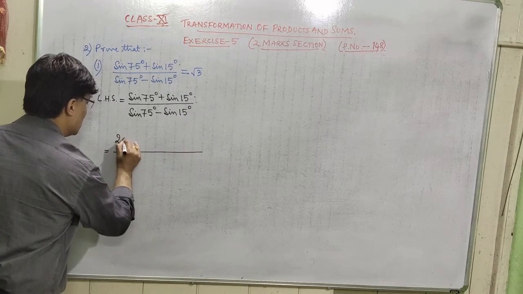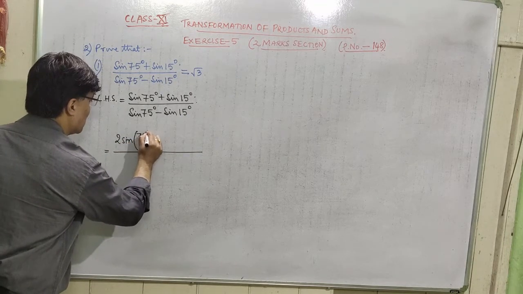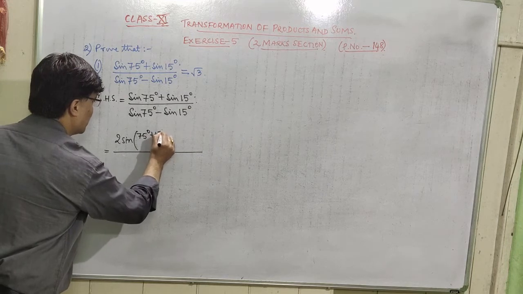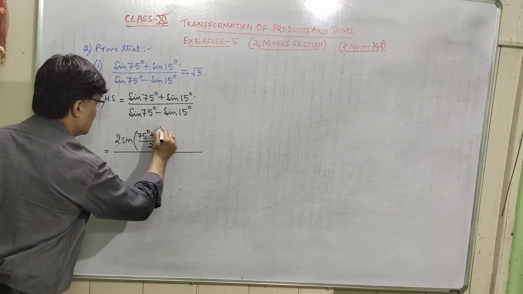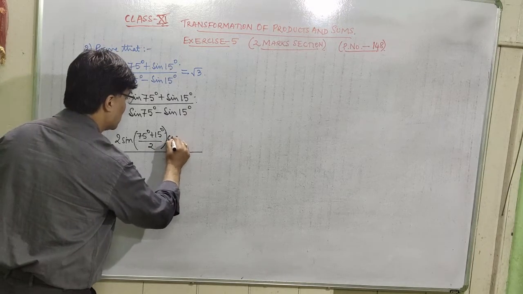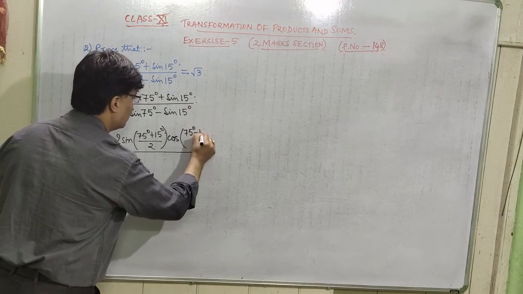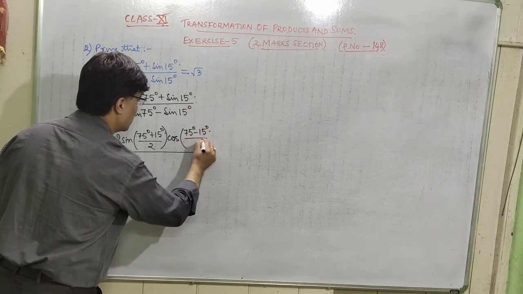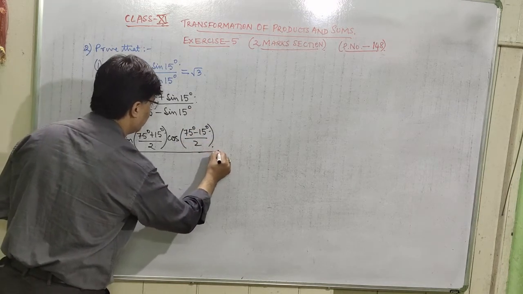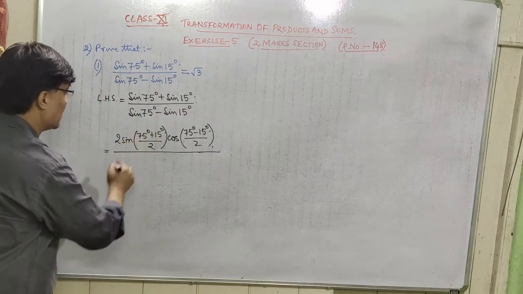It is 2 sine of C plus D by 2, that is 75 degree plus 15 degree divided by 2, cos of C minus D by 2, that is 75 degree minus 15 degree divided by 2. Is that clear? 2 sine C plus D by 2 cos C minus D by 2.